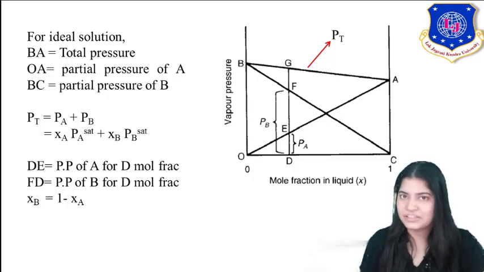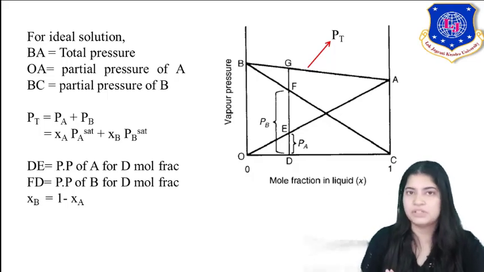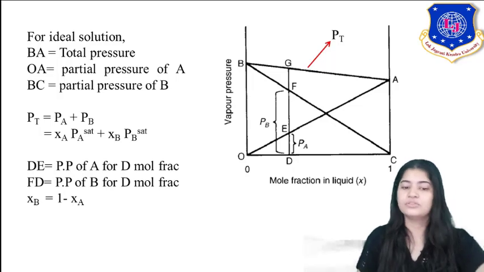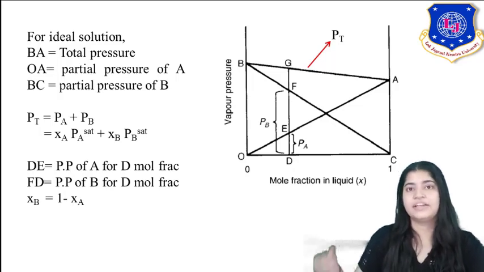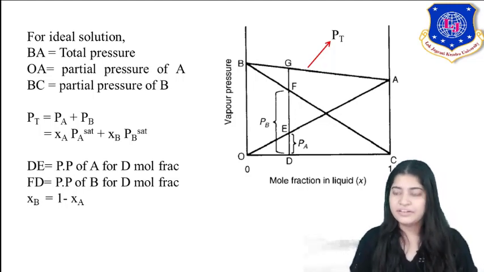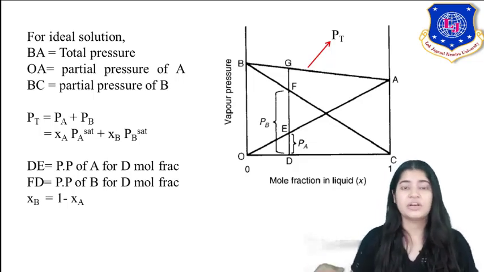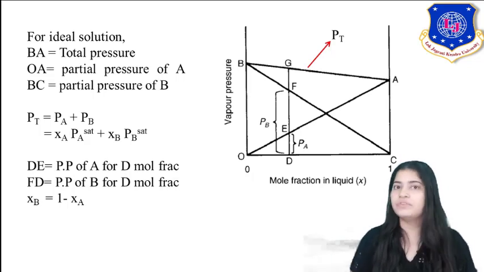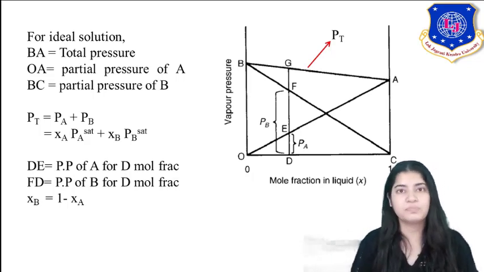Your PA sat for the pure species is defined. It would be given in the exam as the vapor pressure of your pure species. Again, note down, vapor pressure comes into account for a pure species. Partial pressure is equal to vapor pressure when your component is pure.